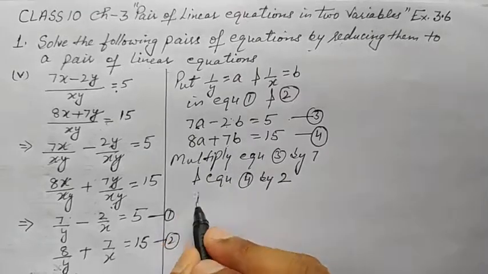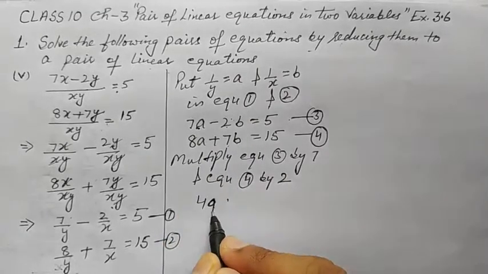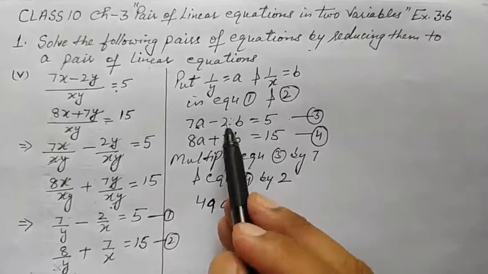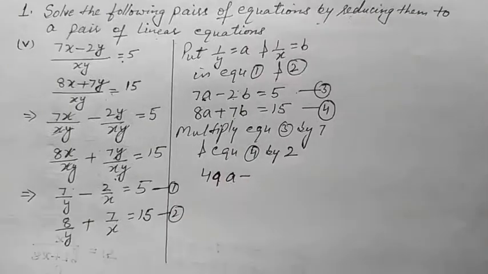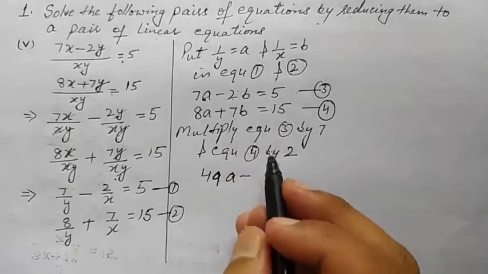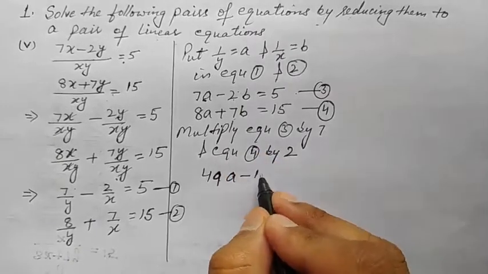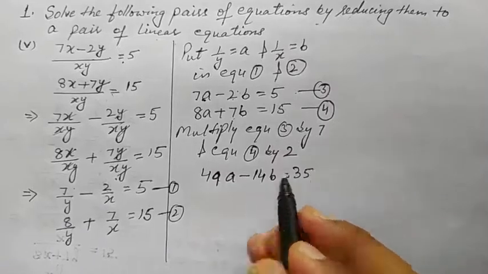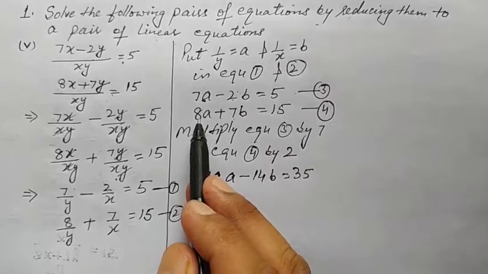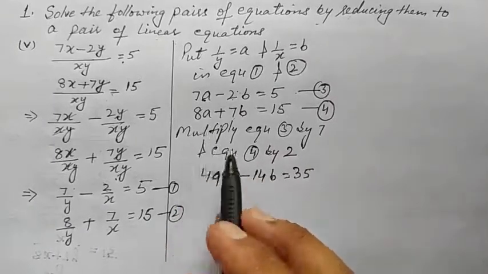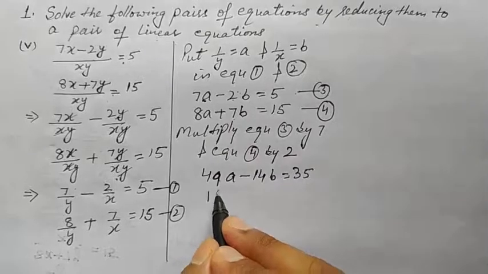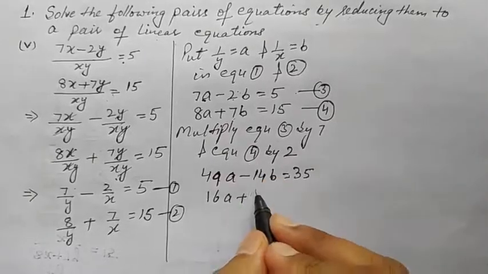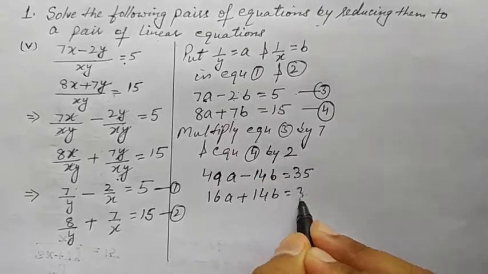So let's multiply the third equation by 7. So 7 sevens are 49a, minus 7 twos are 14, 14b is equal to 7 fives are 35. And the second equation, we have to multiply by 2, so 8 twos are 16a plus 7 twos are 14b, equal to 15 twos are 30.